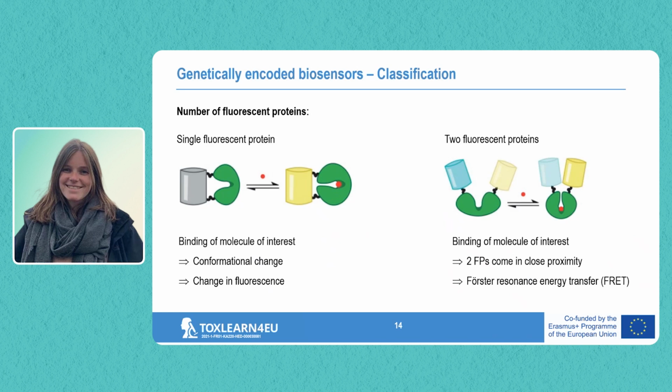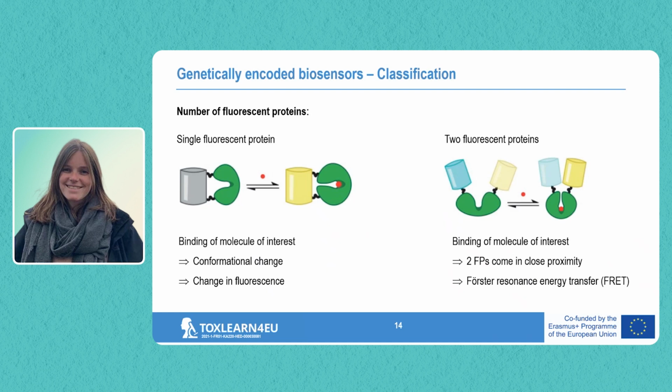What will happen is when calcium is not present, so it's not bound, what you can do is you can use light at a wavelength that has the correct wavelength for excitation of the CFP. And then you will measure the emission and you will see that only CFP is emitting fluorescence. Now what happens if the calcium binds, as you can see here, then those two proteins come in much closer proximity to each other.